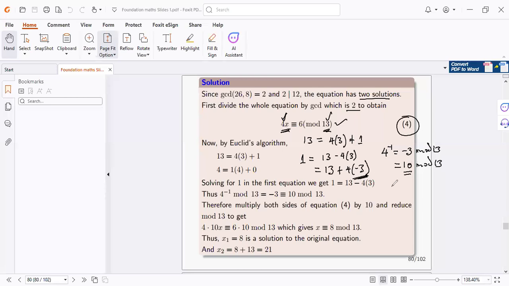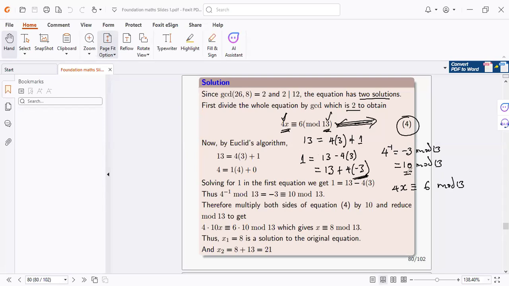Now, since I have this 10, I now go back to this equation 4 here and find the value of x. I had 4x is congruent to 6 mod 13. But now the inverse of 4 is 10.